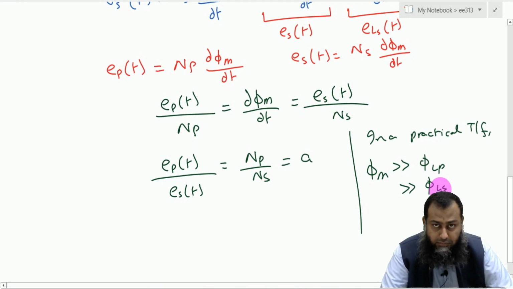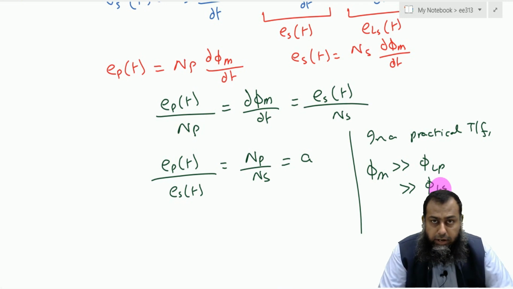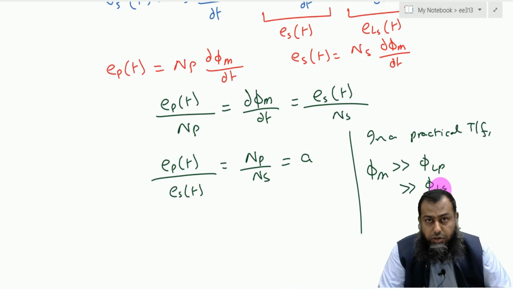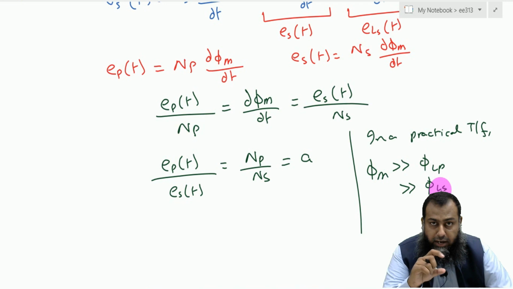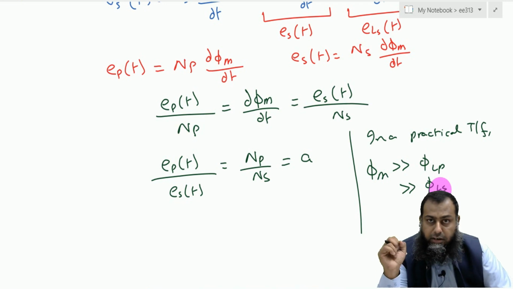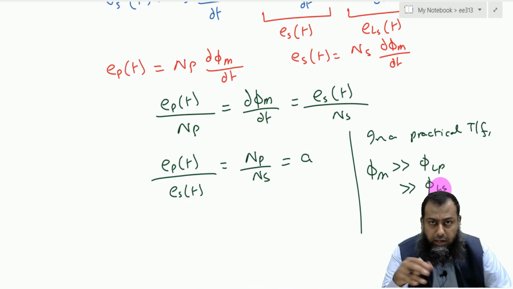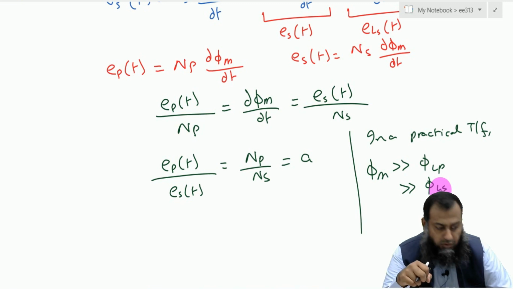There are several measures adopted in order to enhance the mutual flux, or to keep the flux inside the core so that it can link with the secondary winding. Some of them we have already studied: we interleave the winding, and sometimes we use an E-type core or a shell type core for a transformer, so that the maximum flux is linked with the windings which are wrapped on the limbs of a transformer.